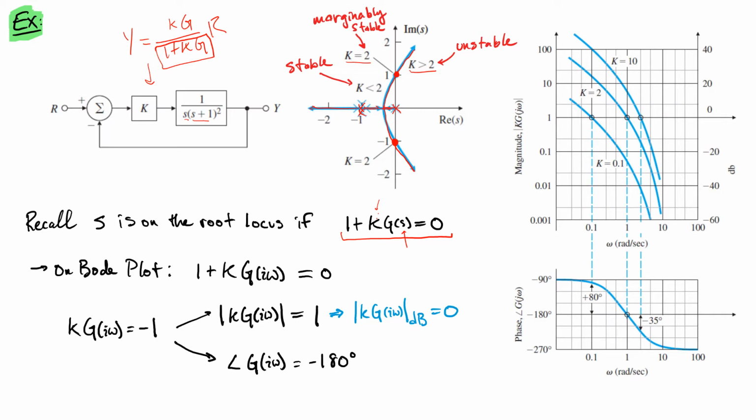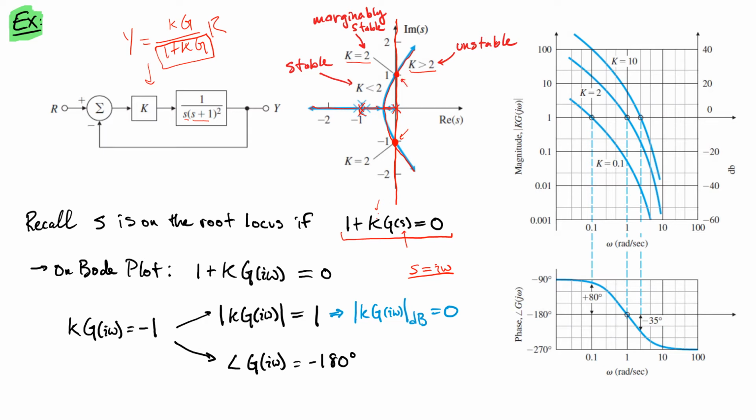Remember that the Bode plot is characterizing values of s that are along the imaginary axis, where s is equal to i omega. So it's only looking at values of s in the complex plane that are on this imaginary axis. What we're observing is there are some points, in particular these points at k equal to 2, where we see the root locus crossing that imaginary axis.